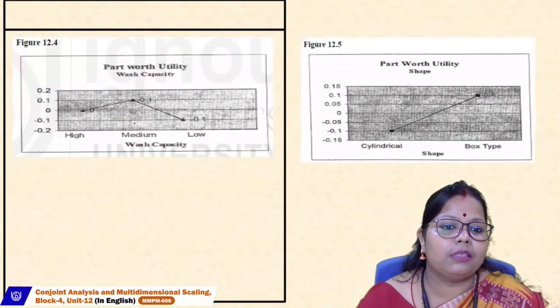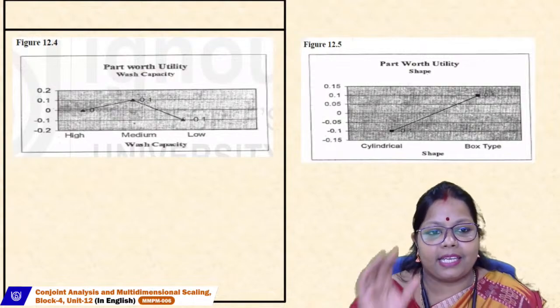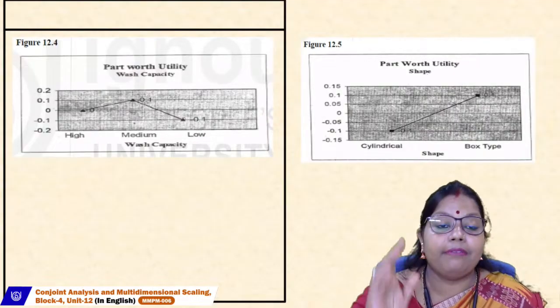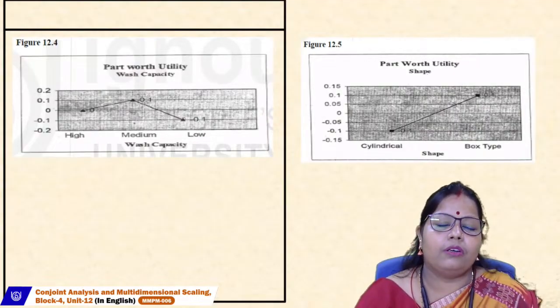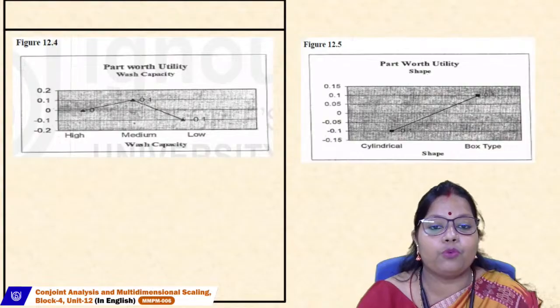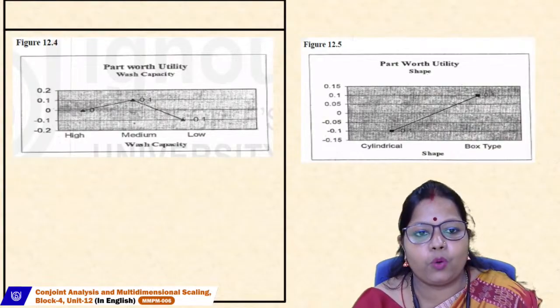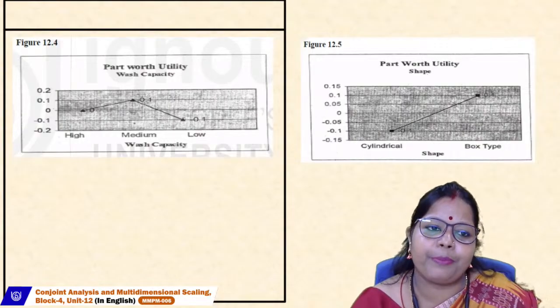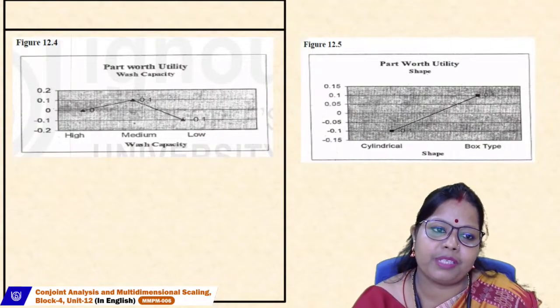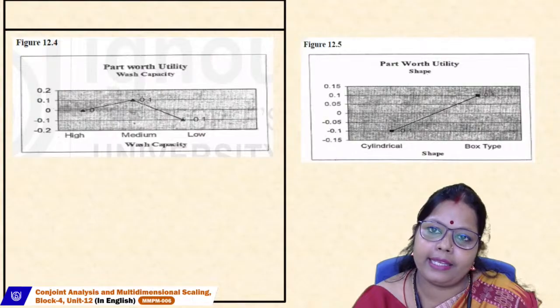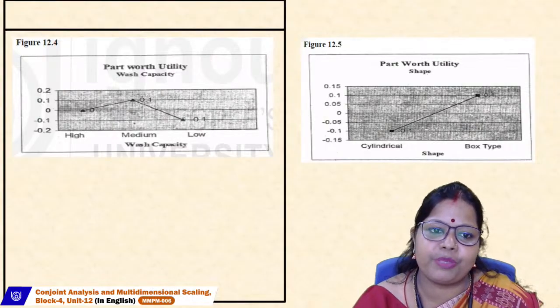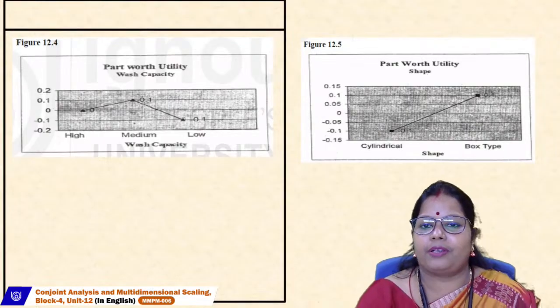Coming to the washing machine capacity, we have three levels for the attribute: high, medium, and low. Medium is mostly preferred by the consumers, the high capacity washing machine is not preferred by the consumers, but low is a negative one.